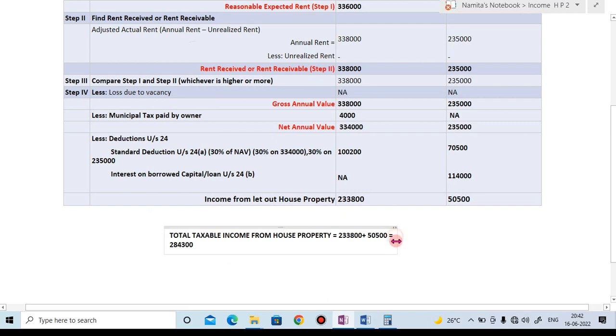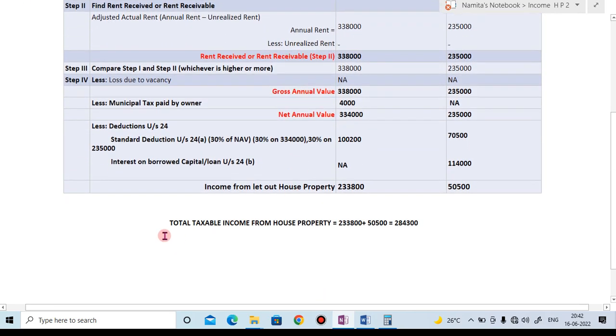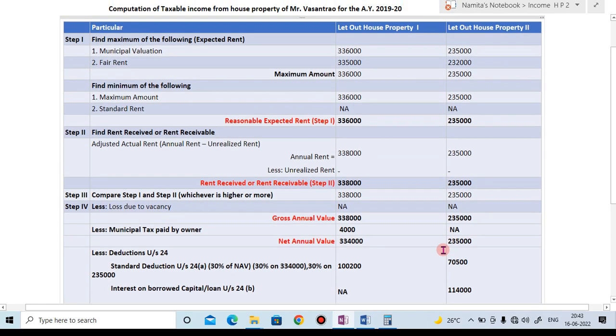So this is the total taxable income of Mr. Vasant Rao. Okay, so total taxable income from house property number 1 and 2, that is 2,84,300. Okay, in this way you have to compute the taxable income for house property.